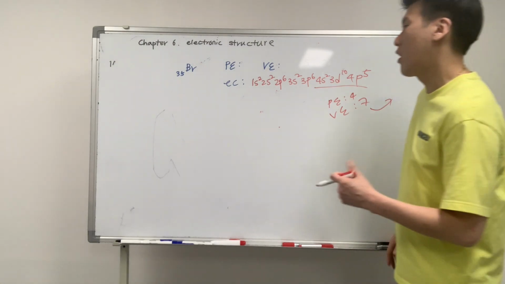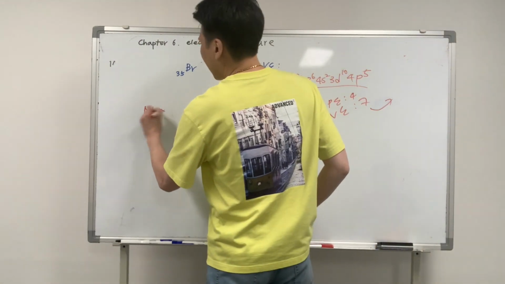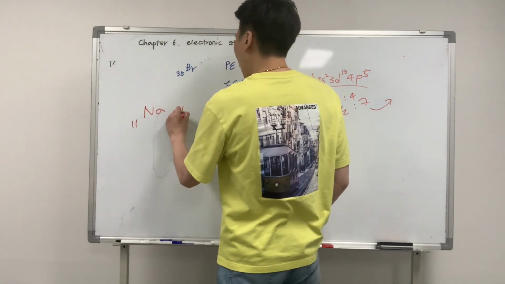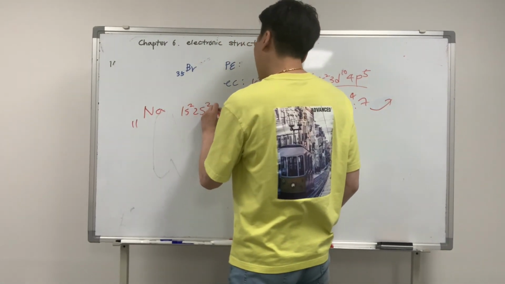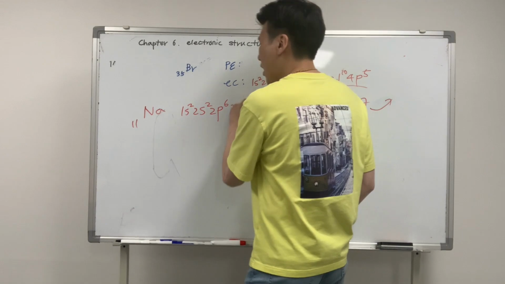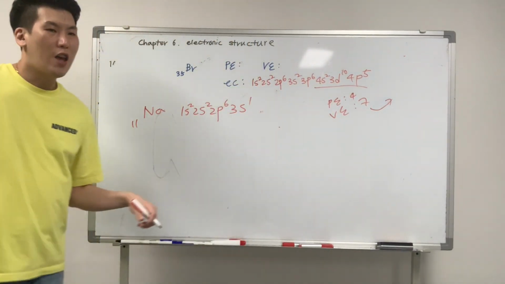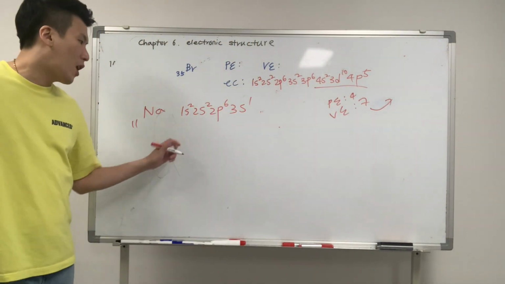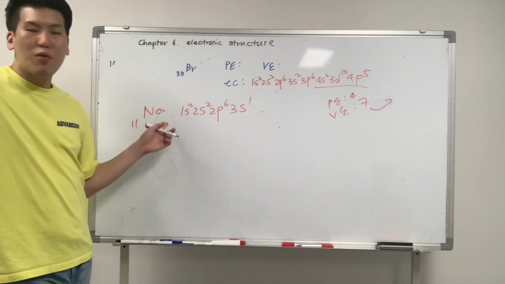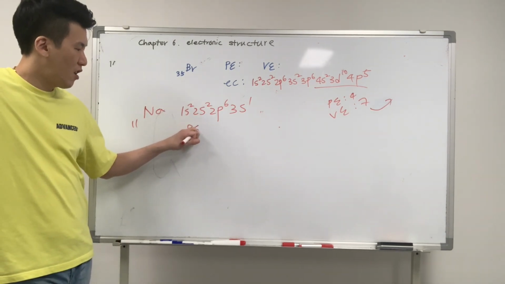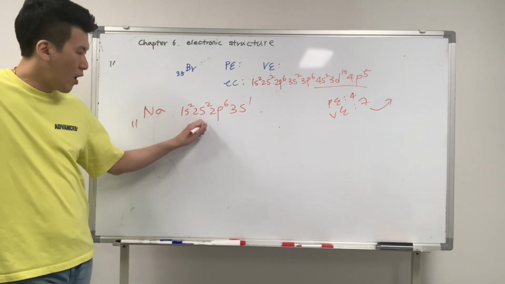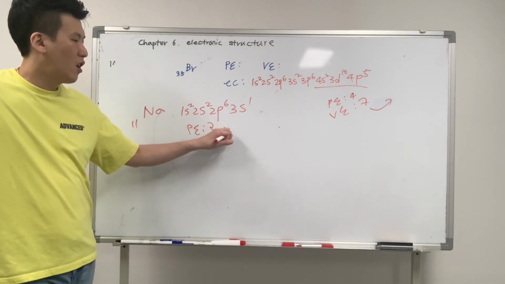Let me show you one more thing here. Sodium is 11, right? 1s2, 2s2, 2p6, 3s1. Now, currently, in a neutral state, what's this guy's principal energy level? That's 3. Valence electron? 1.